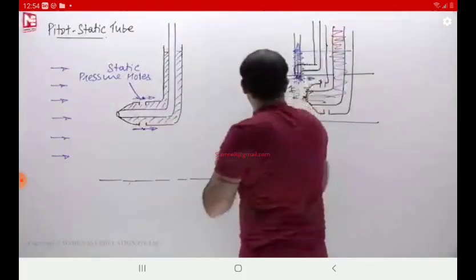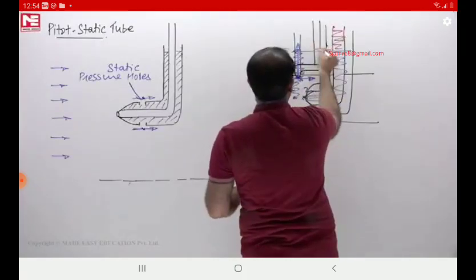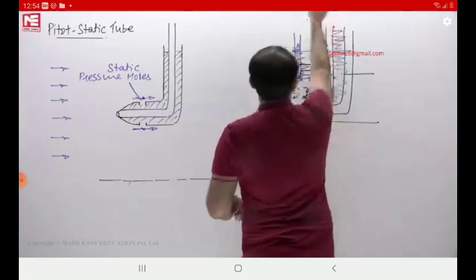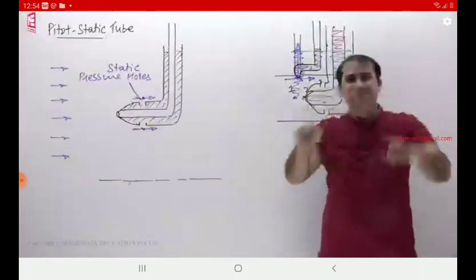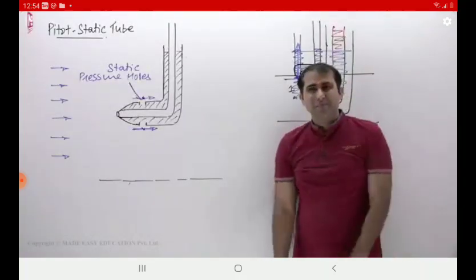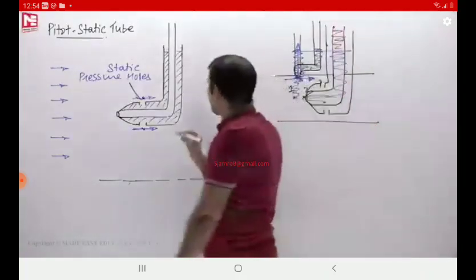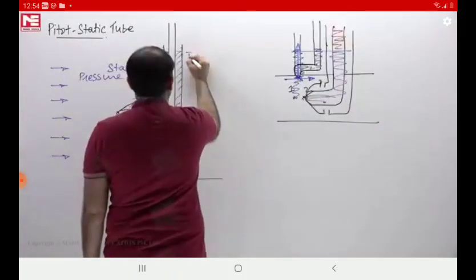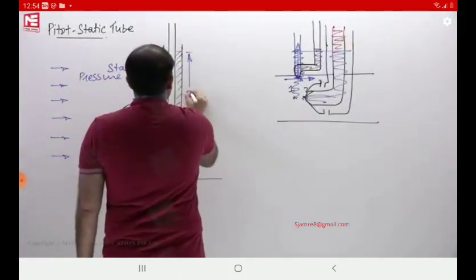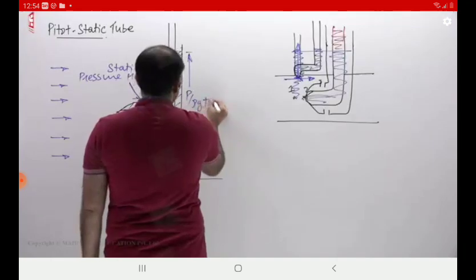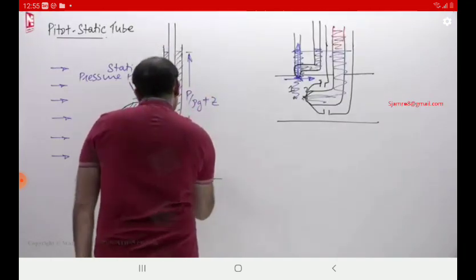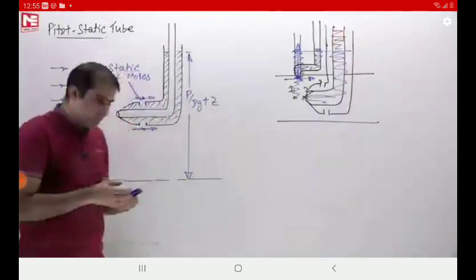Whatever the pressure here, because of this the level here is this, whether you make it turn like this. So in this way, if you look, this is going to give you the value of P by rho g plus Z from the arbitrary datum.